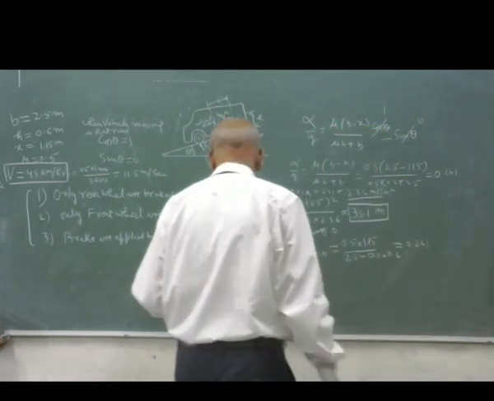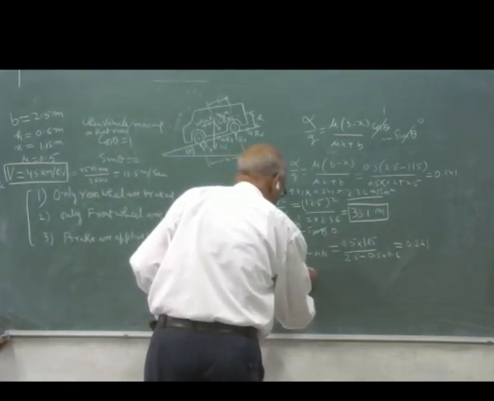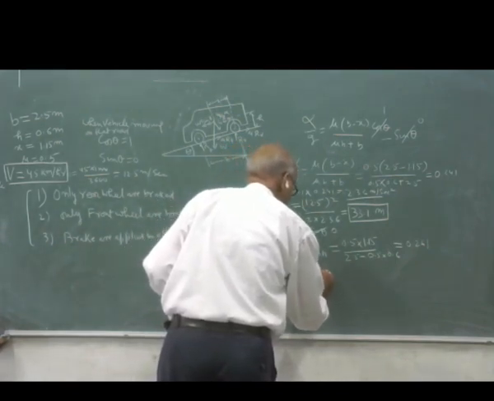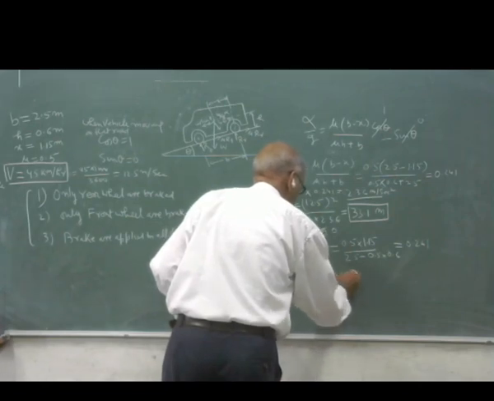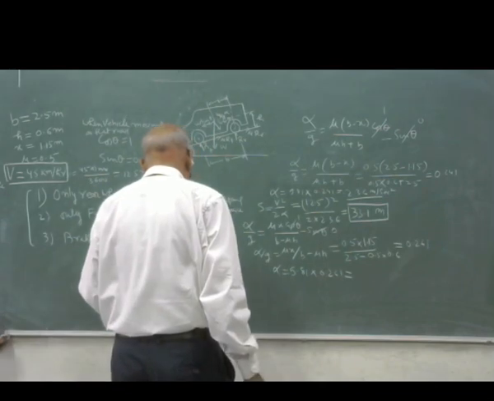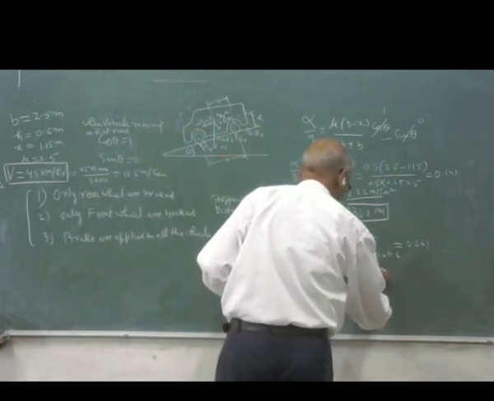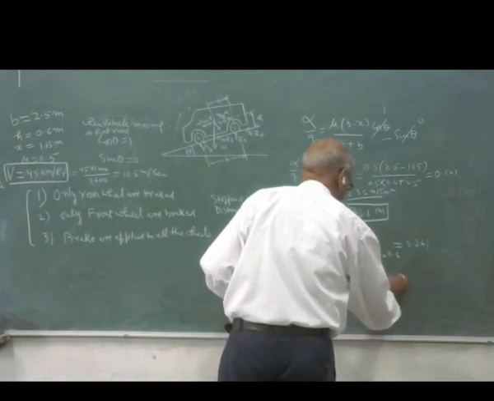Okay, therefore alpha can be written as 9.81 multiplied by 0.261, and that will give you the value of alpha 2.56 meter per second square.